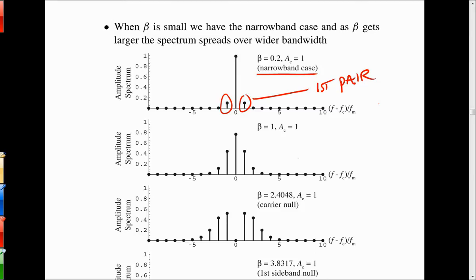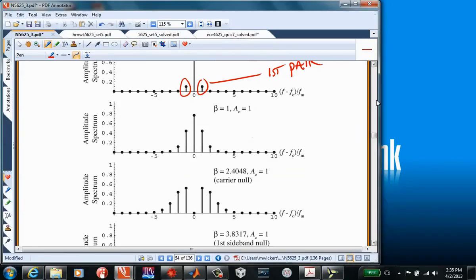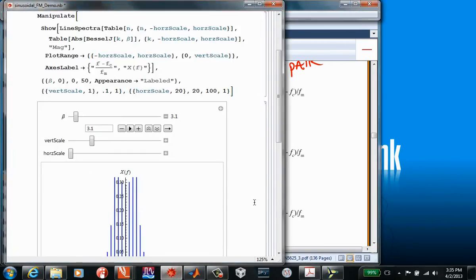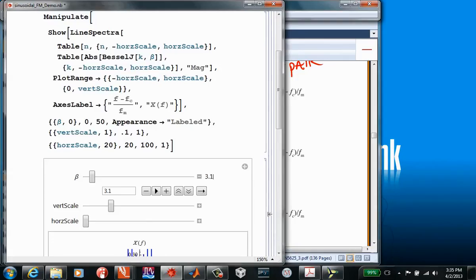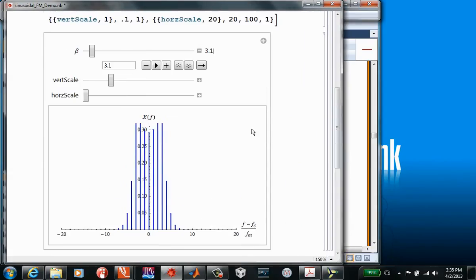And as beta gets bigger, they get bigger. So I have a little animation here in Mathematica that I think we looked at, and I'm going to look at it again. And I'm going to ask you to refer to your table here too, just so we can play sort of a little game of sorts.